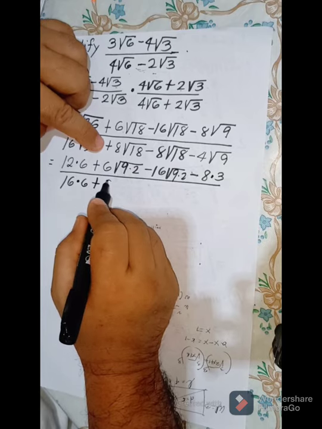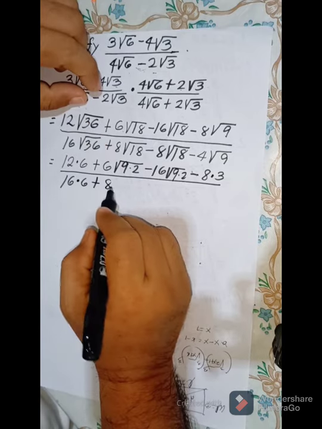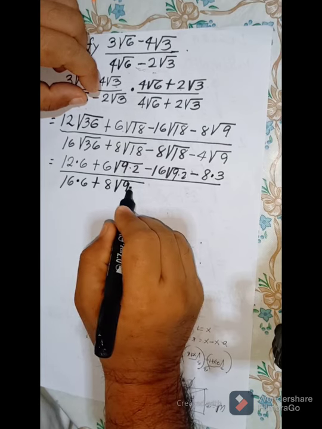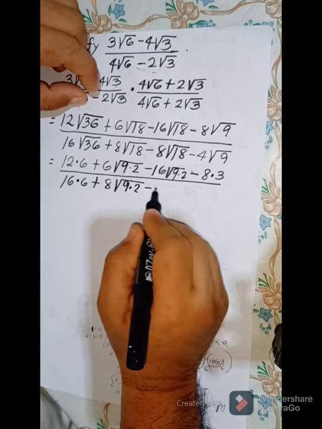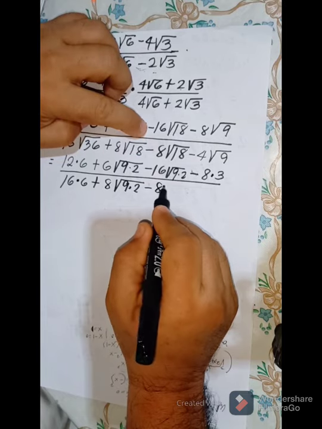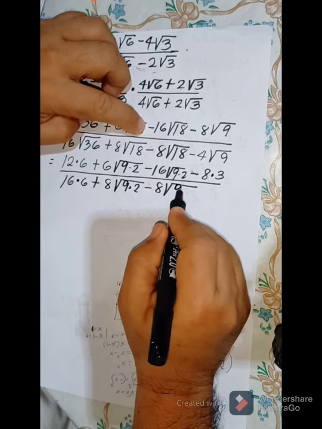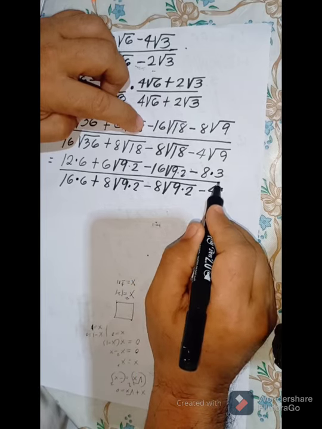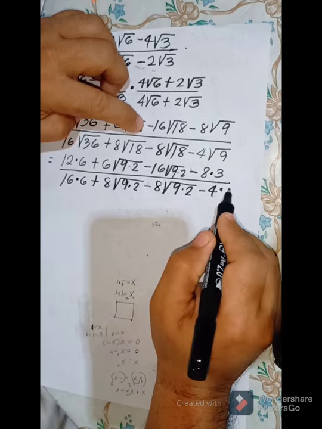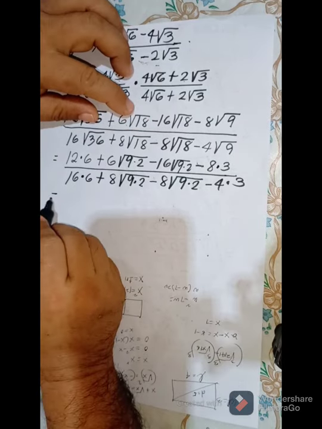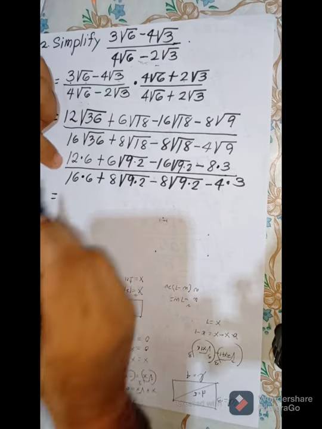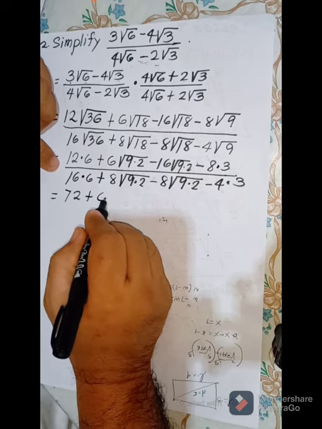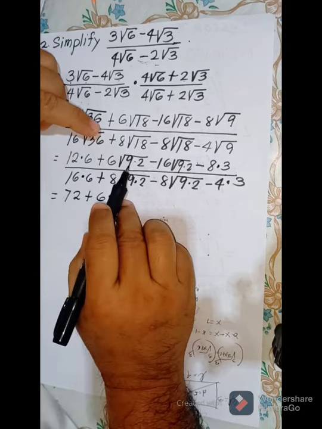Plus 8, this one here, square root of 18 is square root of 9 times 2, minus 4 times square root of 9, which is 3. 12 times 6 is 72, plus 6 times the square root of 9, which is 3.